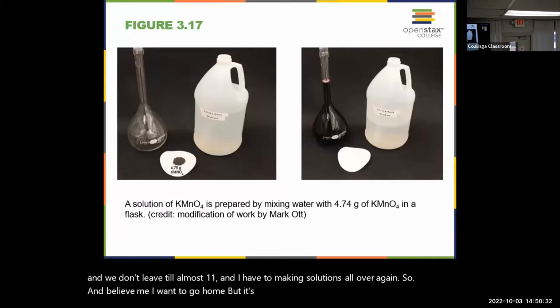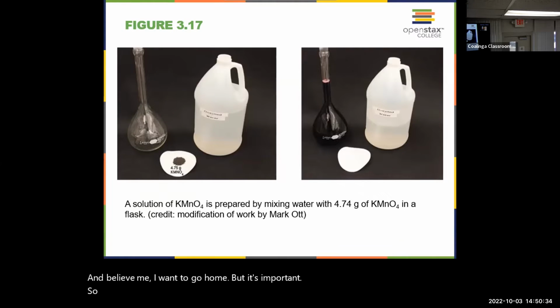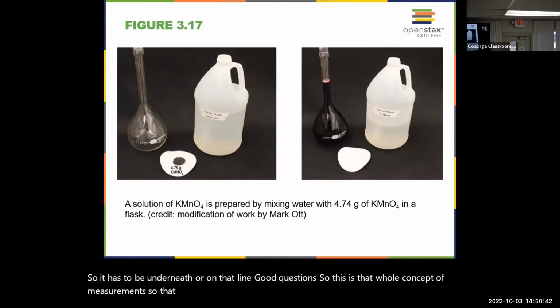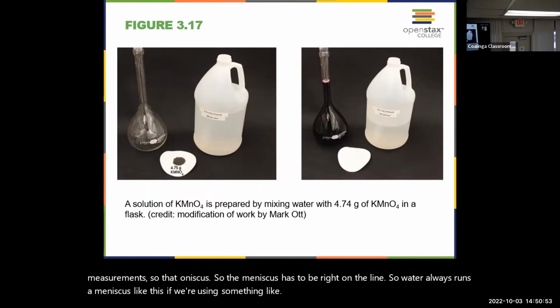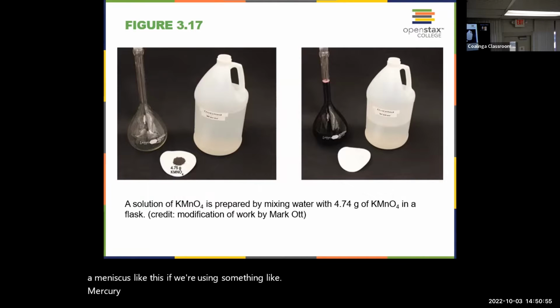So the question is, does it have to be underneath or on that line? Good question. This is that whole concept of measurements: the meniscus has to be right on the line. Water always forms a meniscus like this. Mercury forms a meniscus like this.